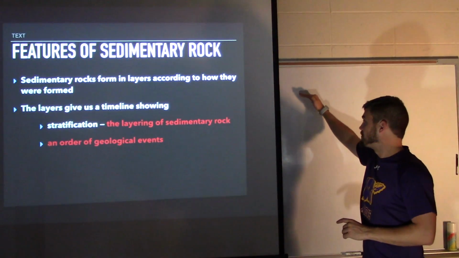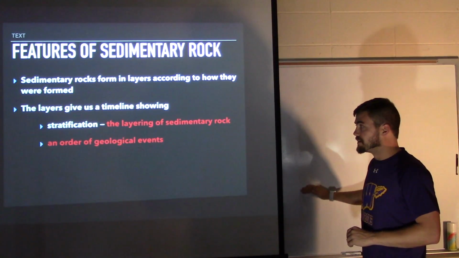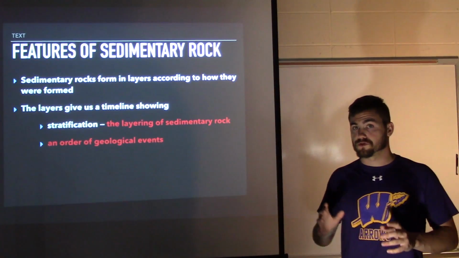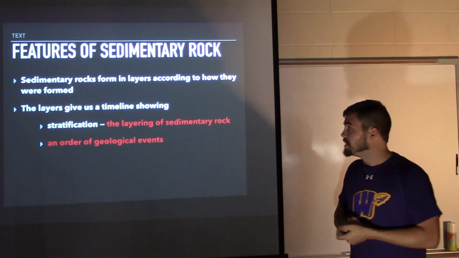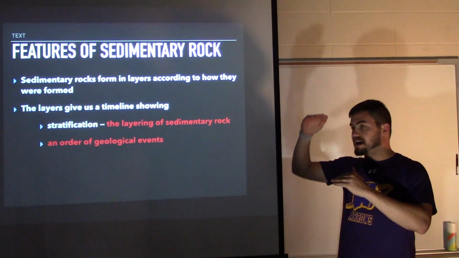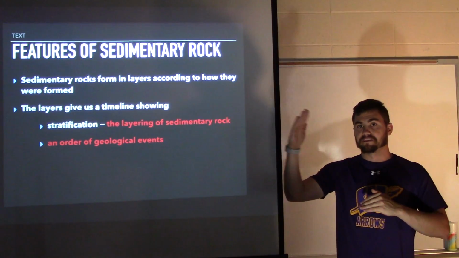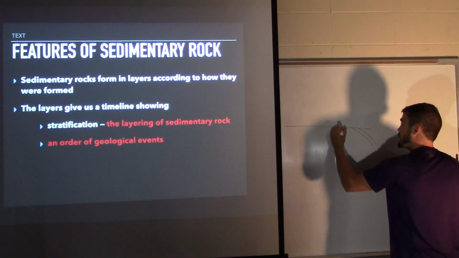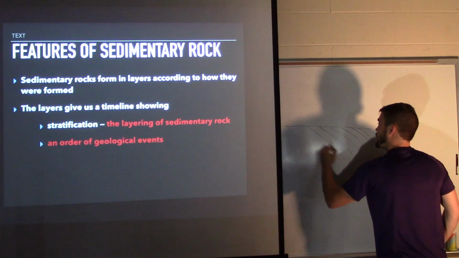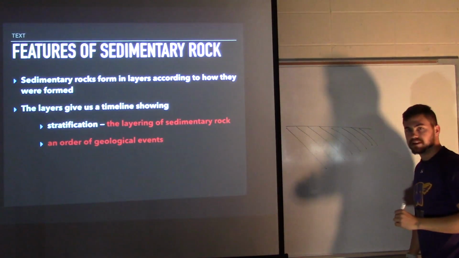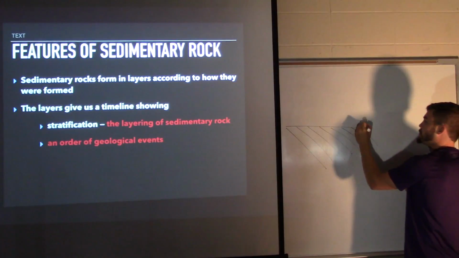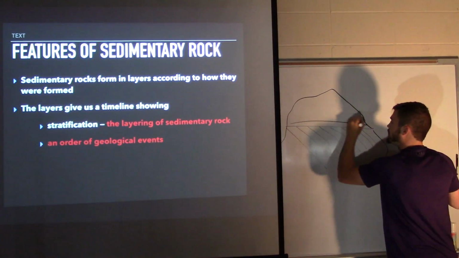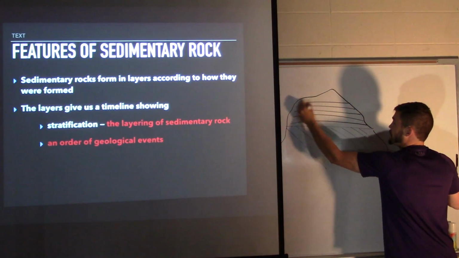But those stratified layers give us a timeline that shows geologic events. In chapter 12, we will dive deeper into this. But you can find, for example, we've seen pictures of this, a rock layer where all the sedimentary layers are tilted at a funny angle, and then above that, let's just draw a rock formation here, the rock layers are not tilted.